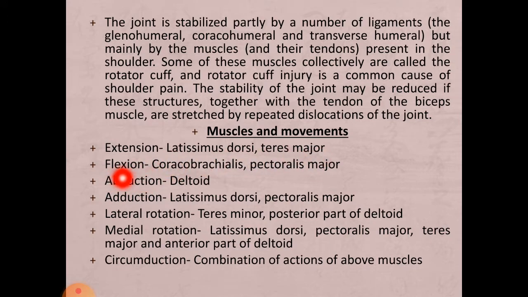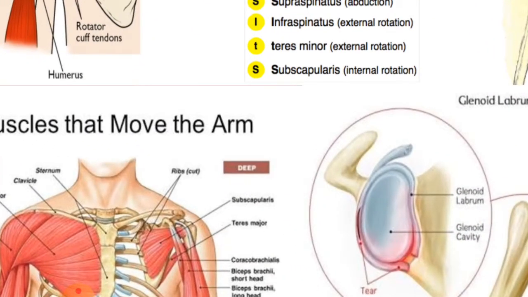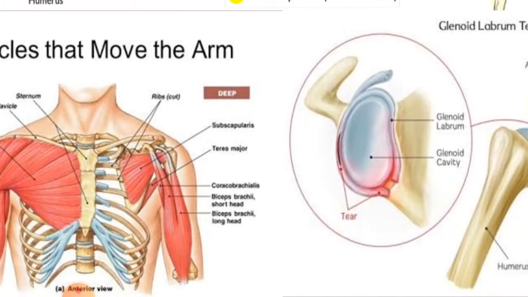Next we have the flexion, and for the flexion we have the coracobrachialis muscle and the pectoralis major muscle involved at the shoulder joint. So here we have the coracobrachialis muscle, and you can see that it arises from the coracoid process of the scapula and inserts into the humerus.